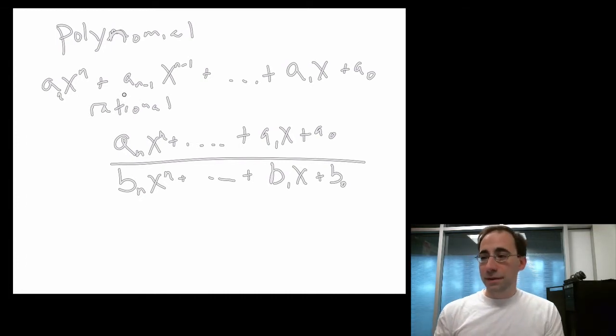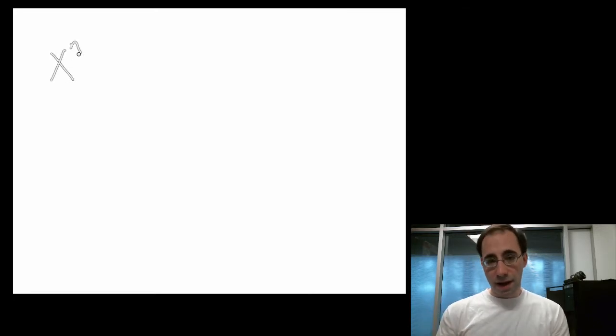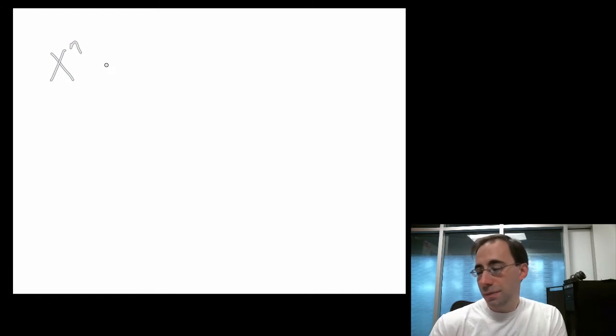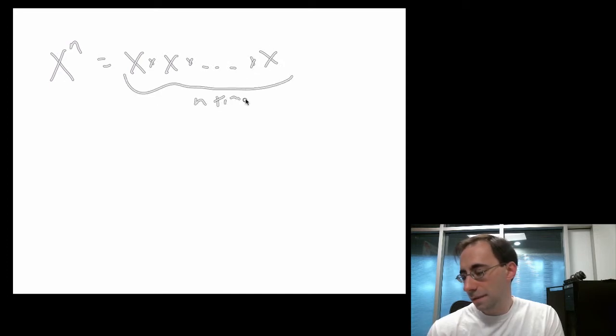Before we move on a little bit, let's stop for a second and define a little more polynomials, or rather exponents. An exponent, as you recall, is just the power on this variable here. So this means multiply x times x times x, n times.